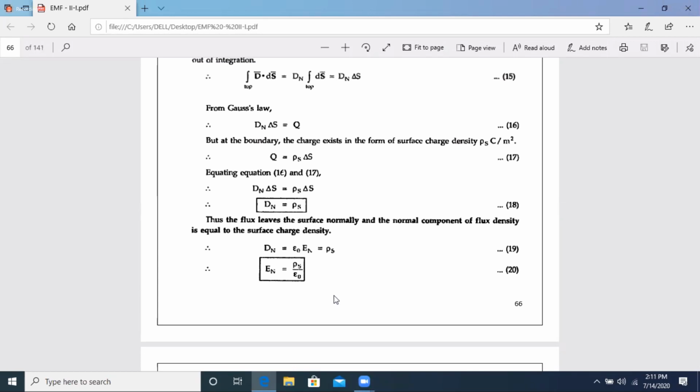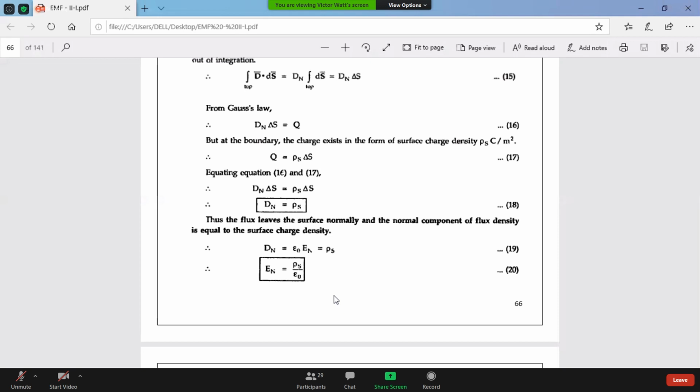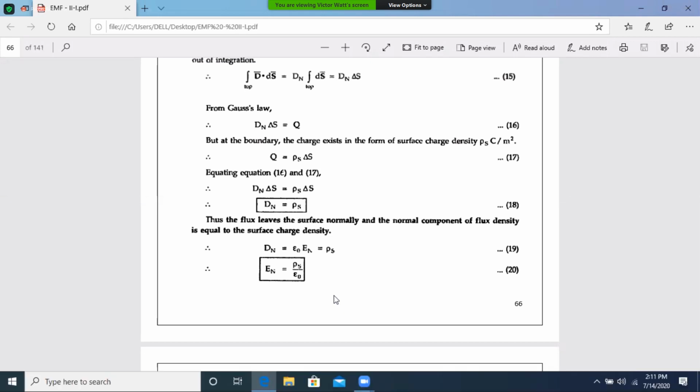Epsilon naught E1. Well, you have a relative permittivity of 9, so it would be epsilon R1 times epsilon naught times E normal 1, right?